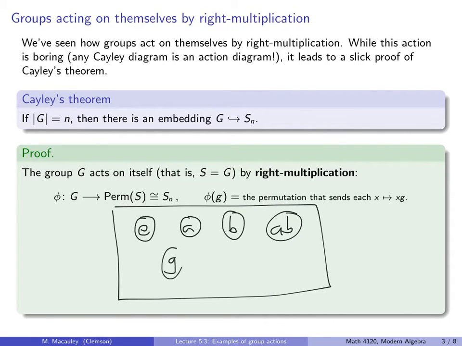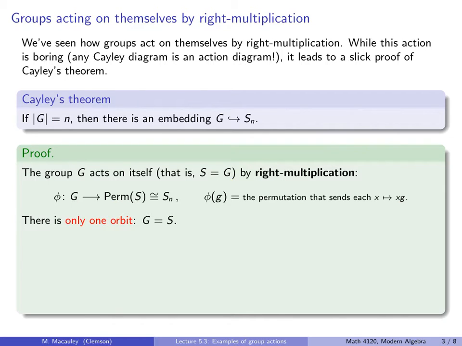G has a button. All the elements have buttons. And when you press one of these buttons, the elements in the set S, that's just the elements in G, get shuffled, or they get permuted. So when you press the G button, every element x gets sent to x times g. That's the permutation.